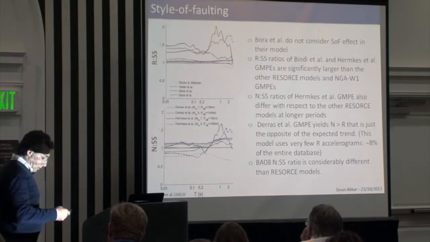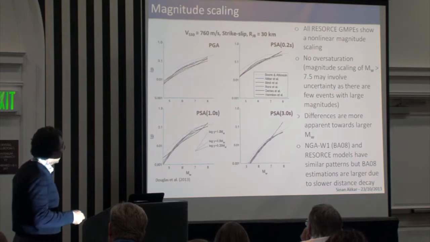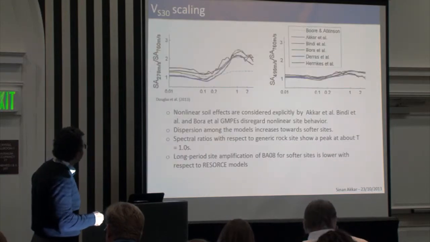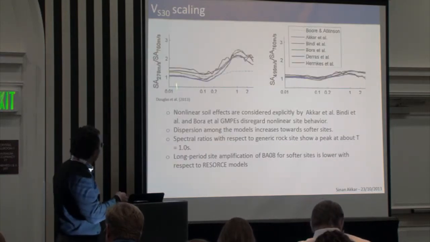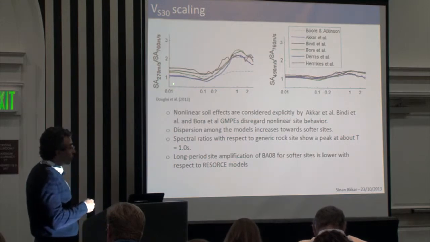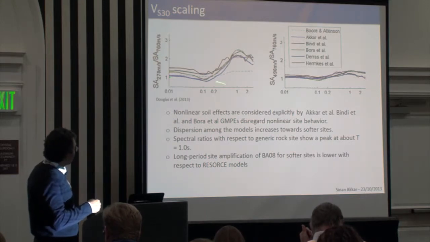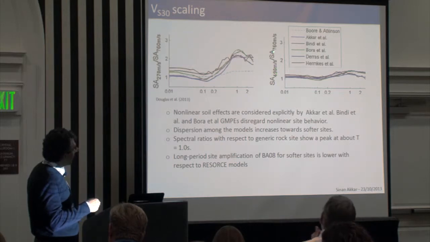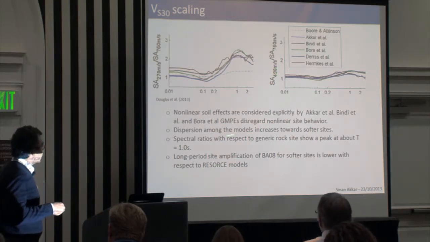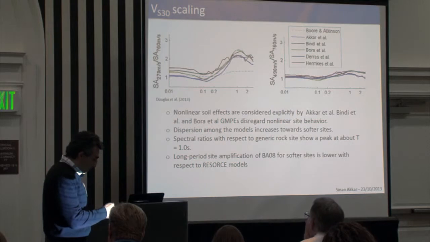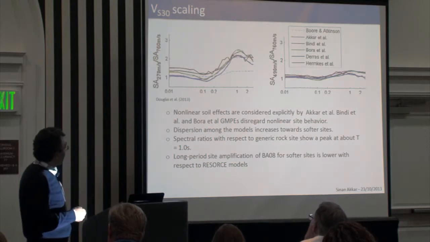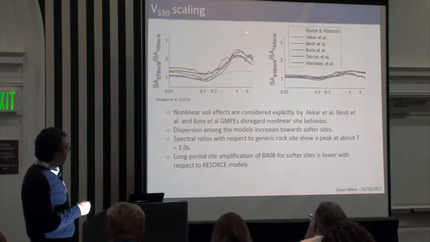If you compare these two plots, these are the spectral acceleration ratios between 270 and 760, so generic rock site. And this is the spectral acceleration ratios between 490 and 760. So the dispersion increases as the site gets softer.